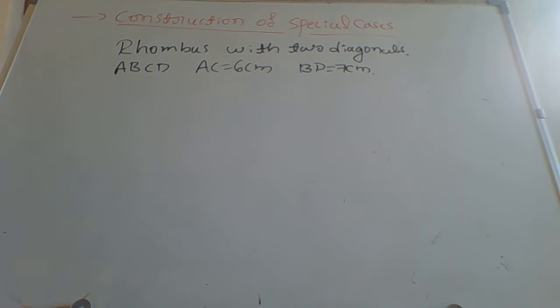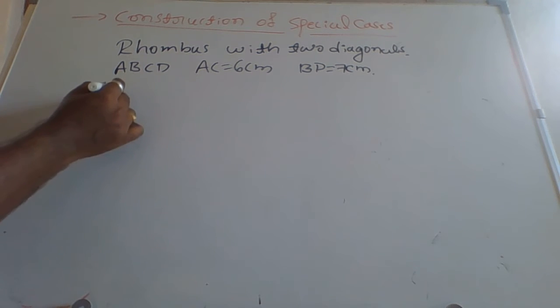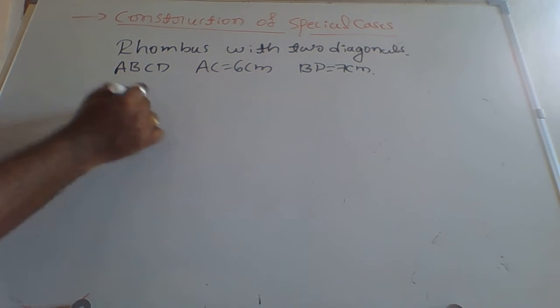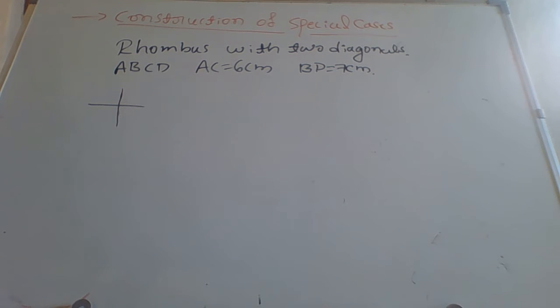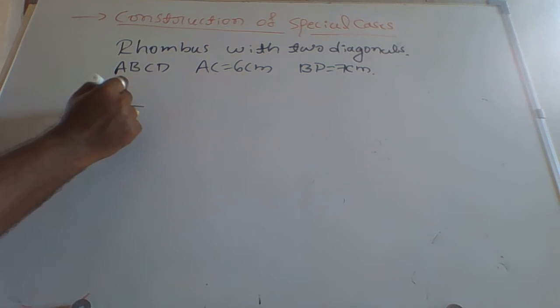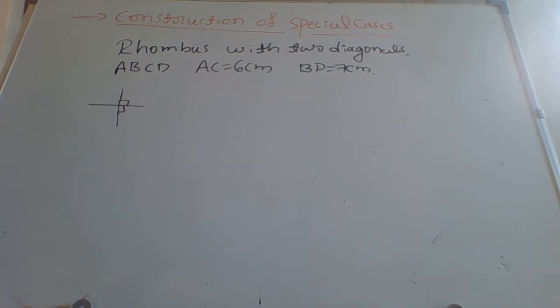If this is a rhombus and they have given the length of the diagonals, we all know the properties of diagonals in a rhombus. In a rhombus, diagonals always bisect each other, and diagonals are perpendicular to each other.